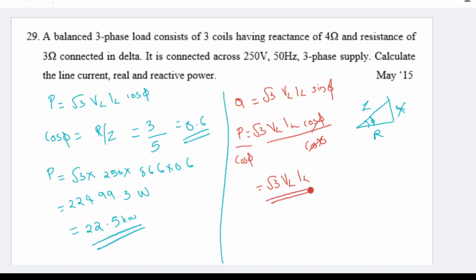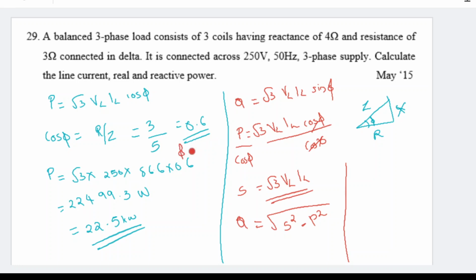That is the apparent power. Then after calculating apparent power S, you can find reactive power as the square root of S square minus P square. That is also another method for solving this reactive power.